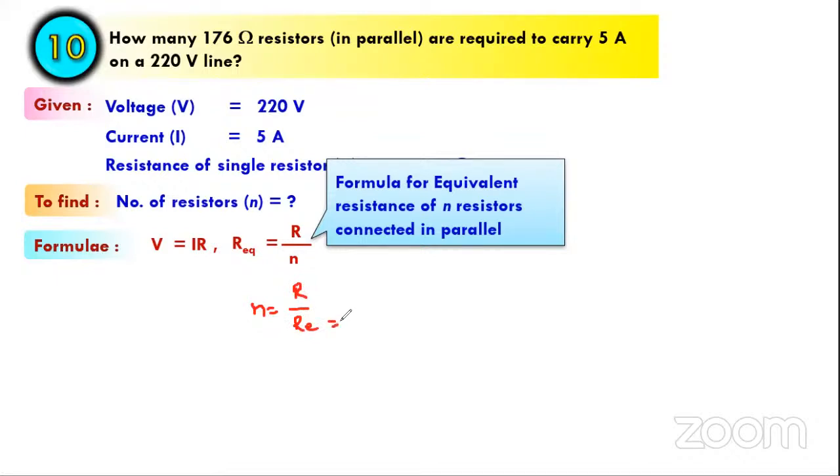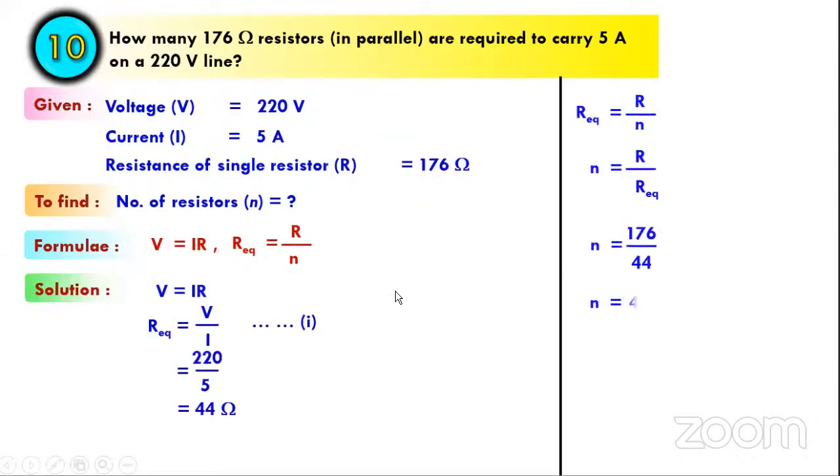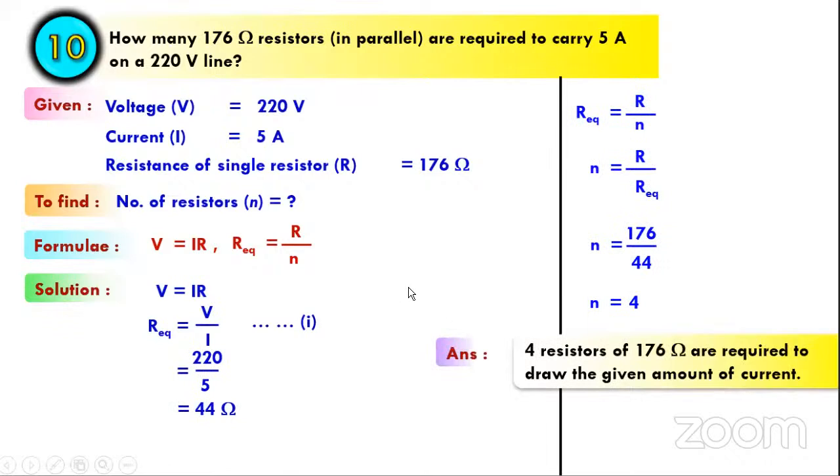R equivalent is 44, R is 176. So that is 4. Number of resistors is 4. Just note down the steps here. 4 resistors of 176 ohms are required to draw the given amount of current.